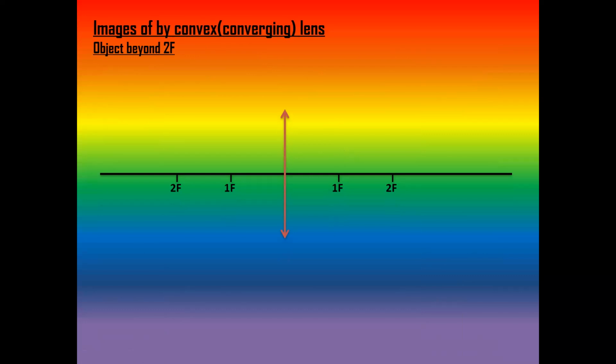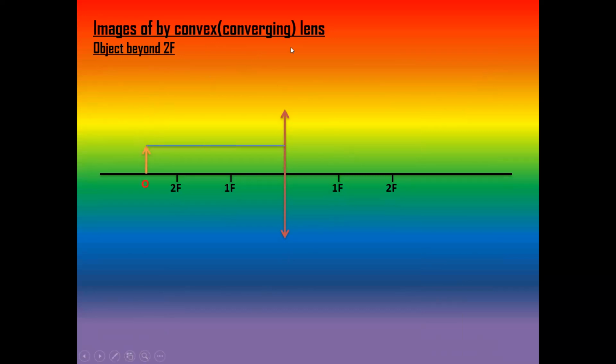In the exam they mention the focus, so you measure the focus F and then the double of the focus refers to 2F. Now the object is beyond 2F, anywhere after 2F.